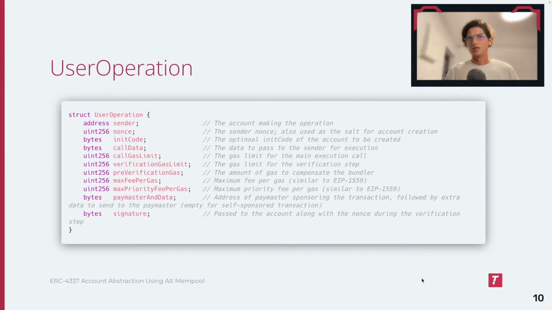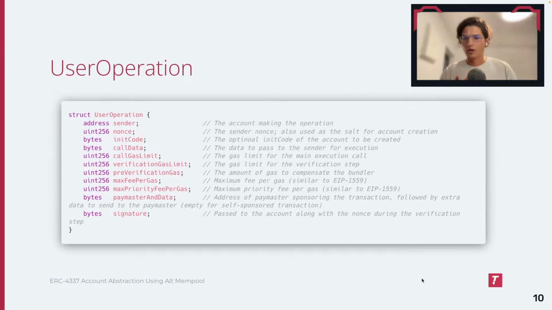So you could think of this as like MEV searchers that order the transactions so that they can perhaps extract some value out of that. And in that case, perhaps there is no need for an additional fee for the bundler.